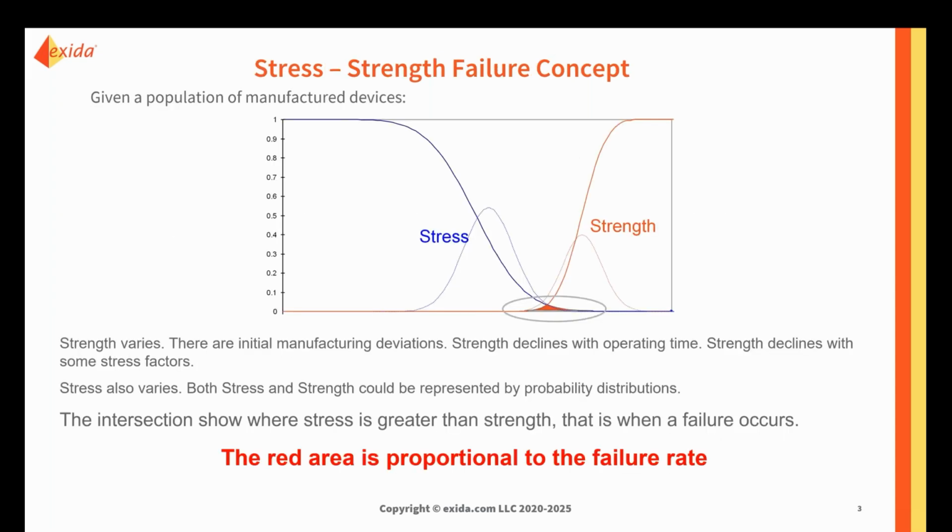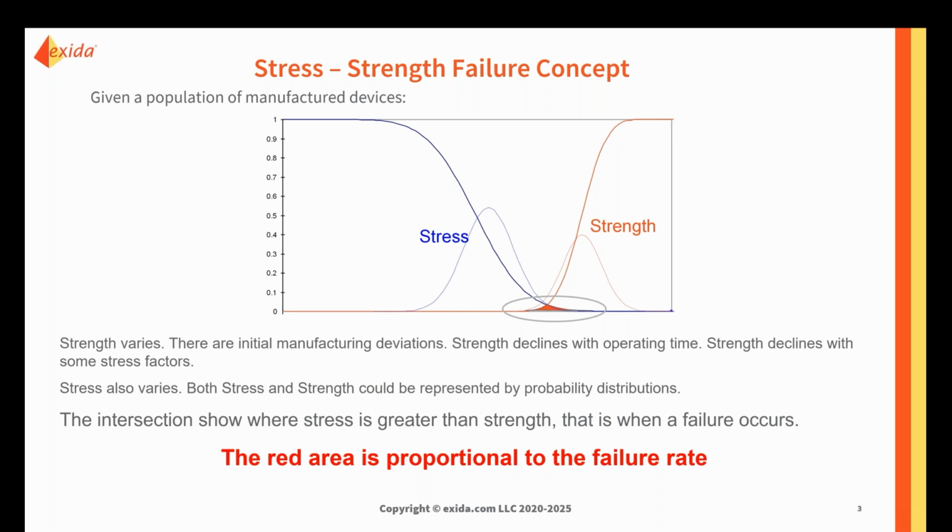If we want to understand how design choices impact the failure rate, we need to consider a concept from reliability engineering called stress strength. The concept is pretty simple. When the stress exceeds the strength, a failure occurs. Graphically, in that probabilistic drawing, we can show that as the red area in the middle of that drawing.